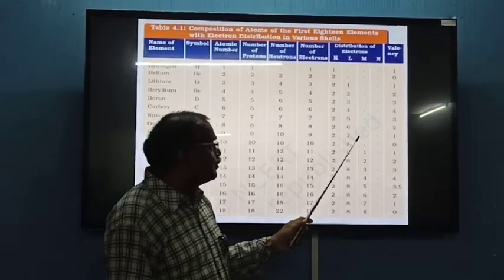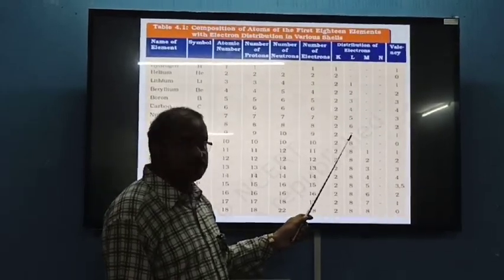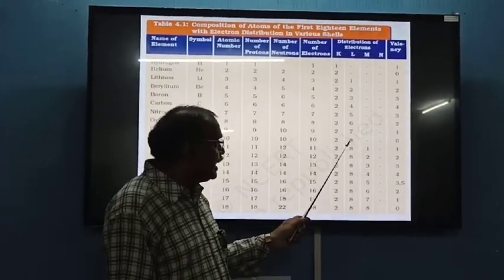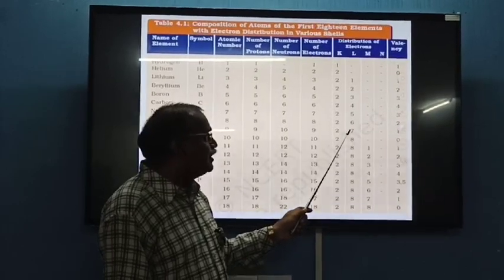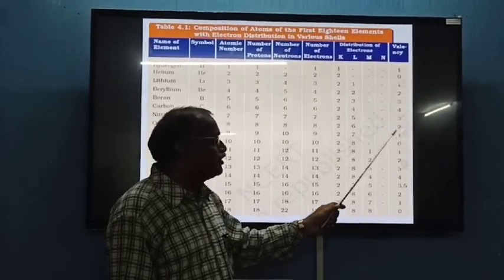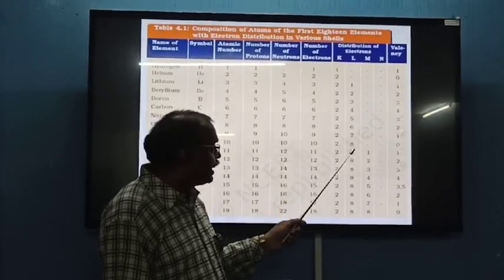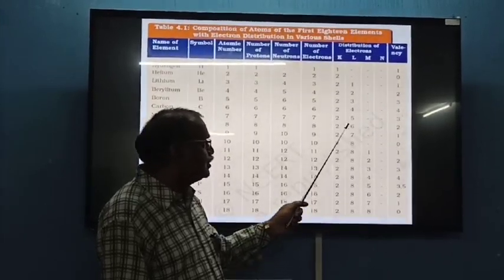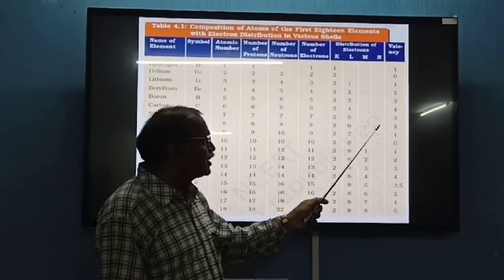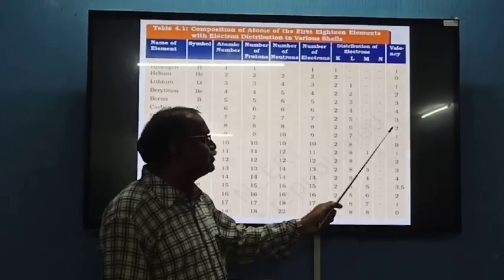So here, see, suppose we take this one with 7 valence electrons. To become 8, 1 is less, so it will make only one bond. Valency is 1. With 6, to make 8, because it is a stable one, it requires 2 electrons. So valency 2.